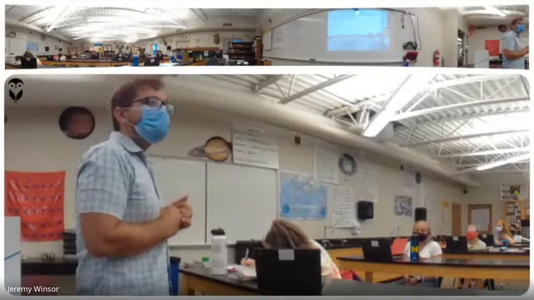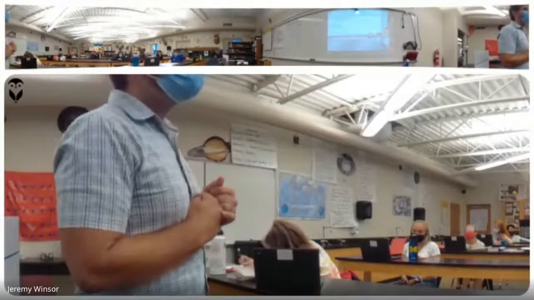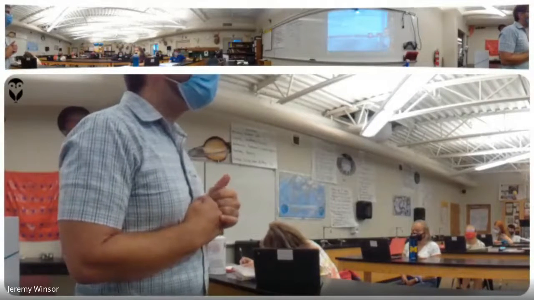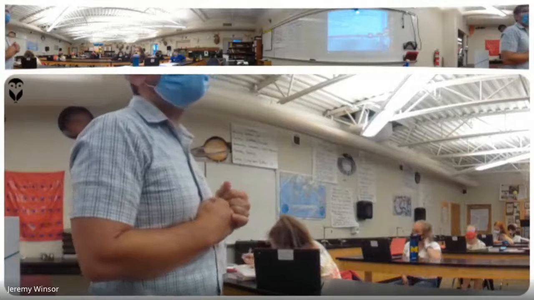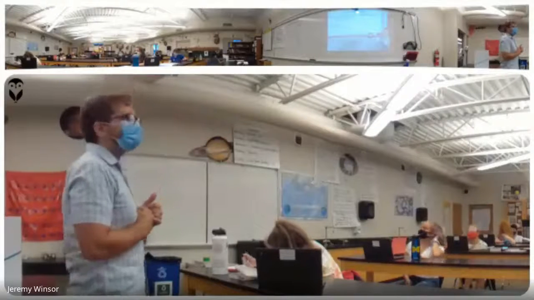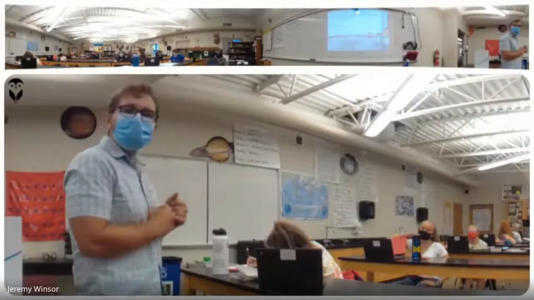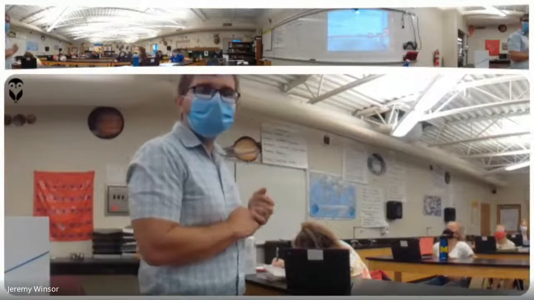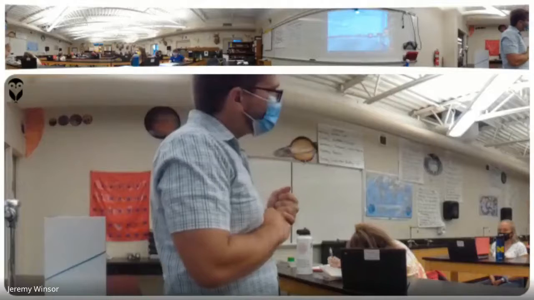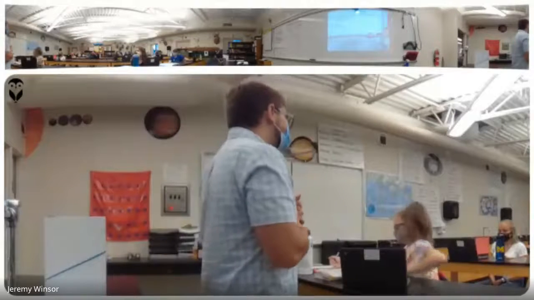Ella brings up a great point. Ella, why did you say, do we have to guess for the bottom? What leads you to think that you're going to have to guess for the bottom? We can't see the bottom. Oh, interesting. You can't see the bottom, so you're not going to be able to get that information from anyone. So how might we go about figuring out what is on the bottom?